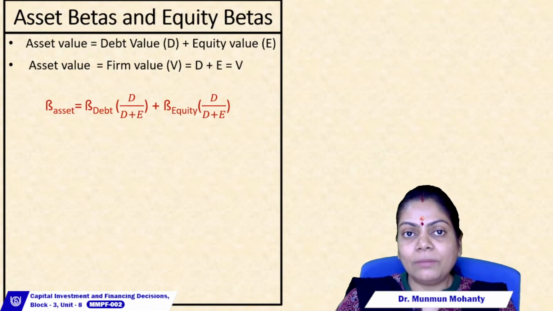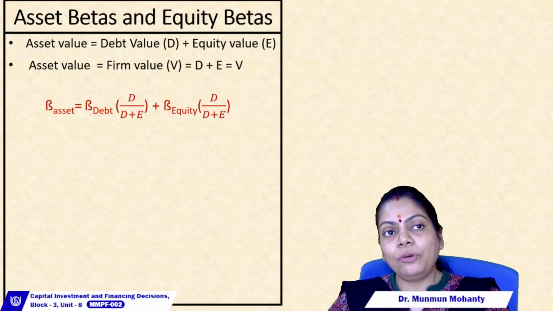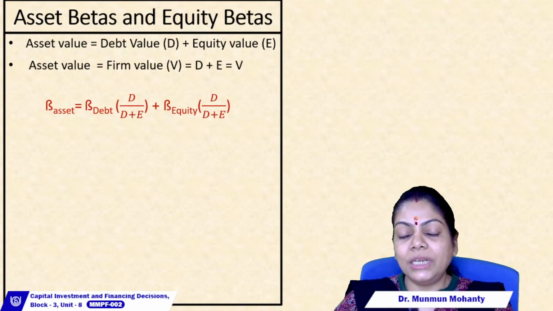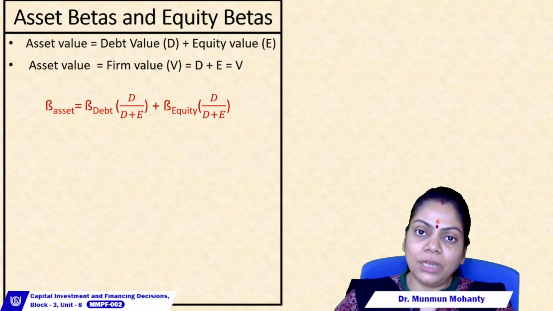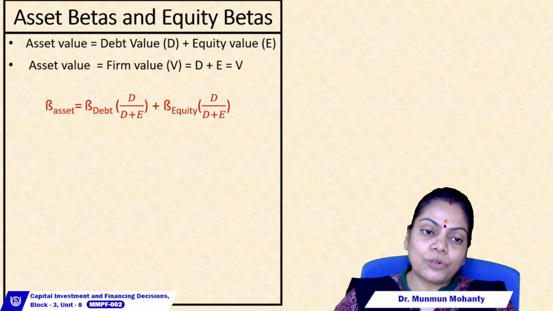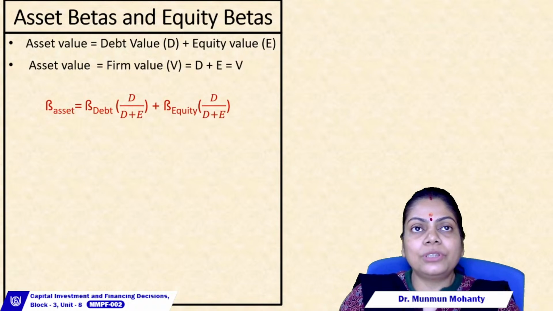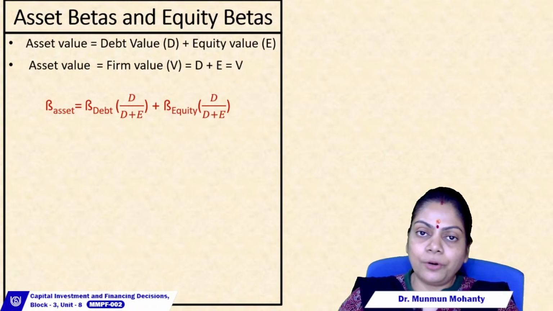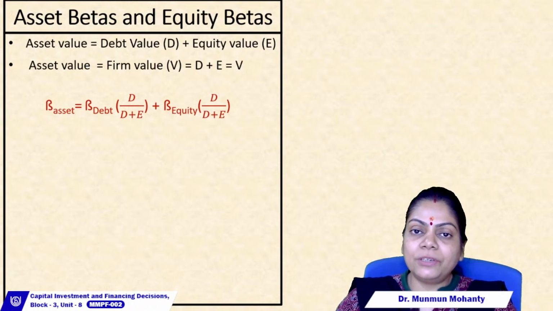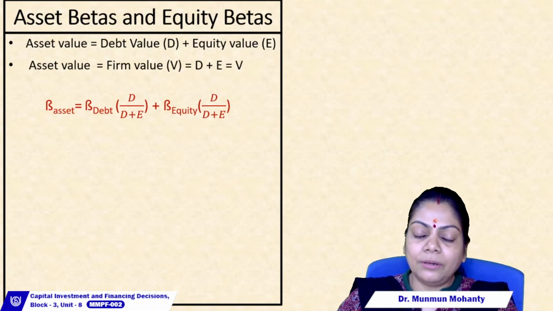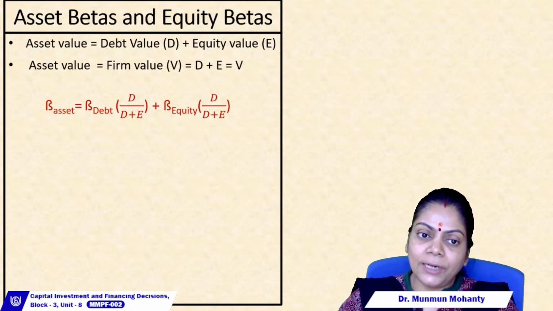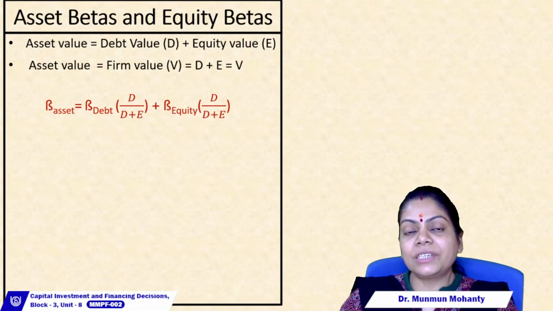So what is the total beta of my company? That will be the proportionate beta of the debt and the proportionate beta of the equity. What do I mean by proportionate? Suppose my company's funding is a total of 100 rupees. Out of that, if 40 rupees is invested in debt, then it is the beta of the debt into 40% plus the remaining 60% in equity.